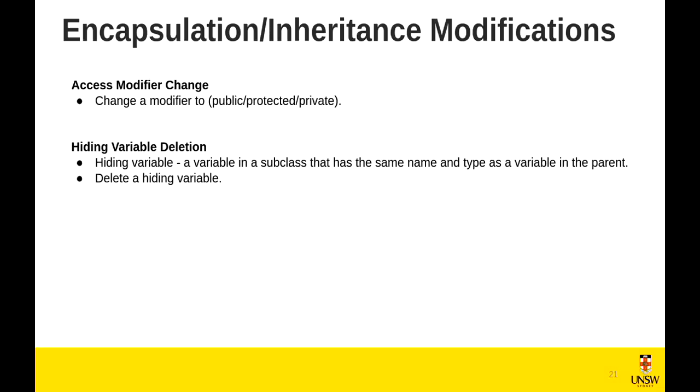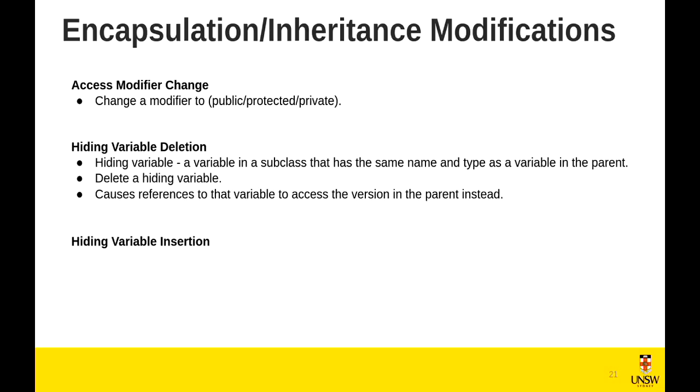The effect is that when we use objects of this family of classes and access that variable, instead of accessing the variable of the child class, we are actually accessing the version in the parent. This simulates how developers may forget to implement a hiding variable in the child class. So this is a very small change in the program.